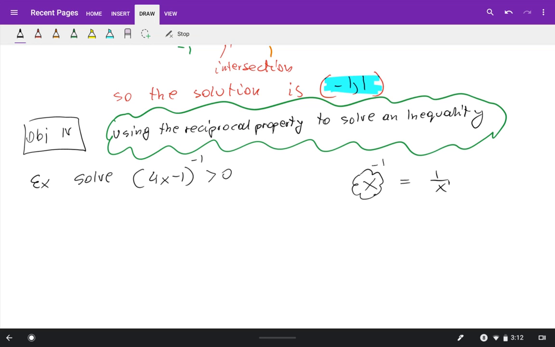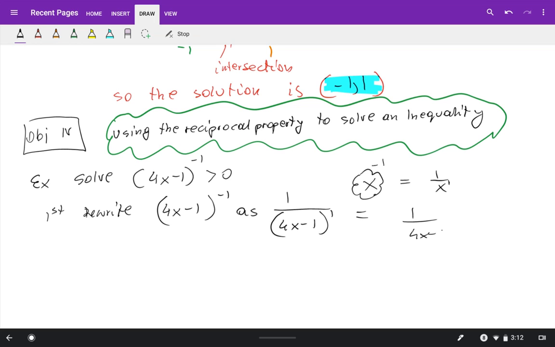So first, I rewrite 4x minus 1 to the power of -1 as 1 over 4x minus 1 to the power of 1, which is the same as 1 over 4x minus 1. So this inequality is going to be 1 over 4x minus 1 is greater than 0.